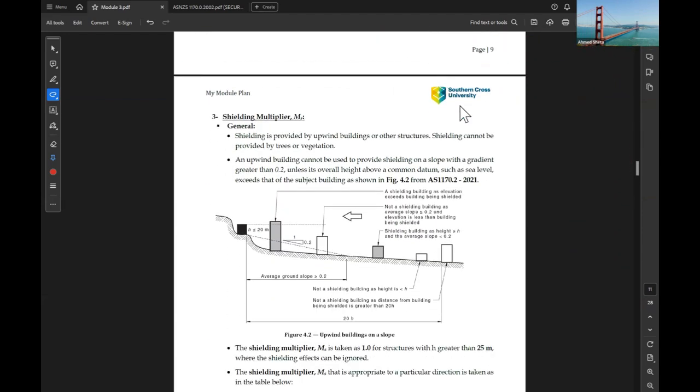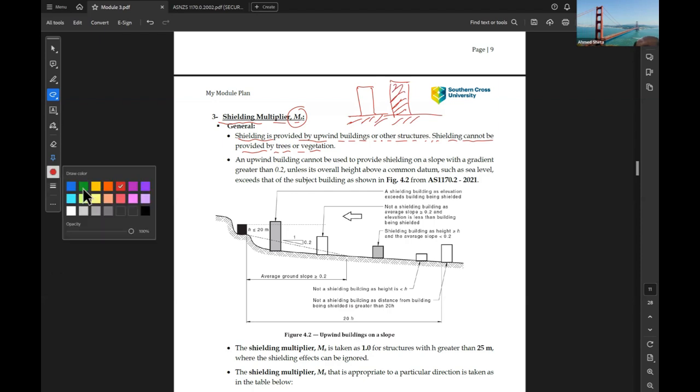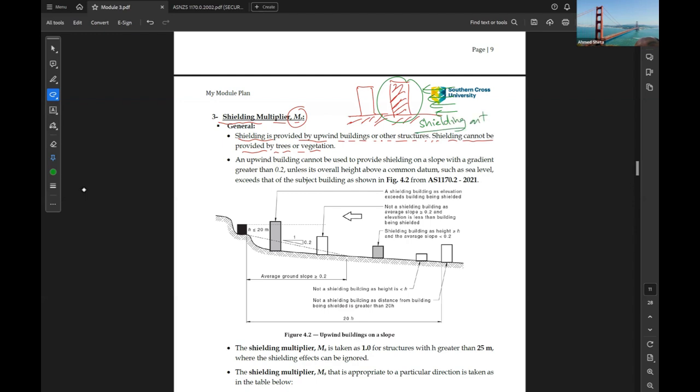Okay, the next multiplier is the shielding multiplier, MS. Shielding is provided by upwind buildings or other structures. Shielding cannot be provided by trees or vegetation. What does this mean? This means that if you are designing this building, and you have another building in front of it, when the wind blows in this direction, the building in the way of the wind will cause shielding on the designed building.